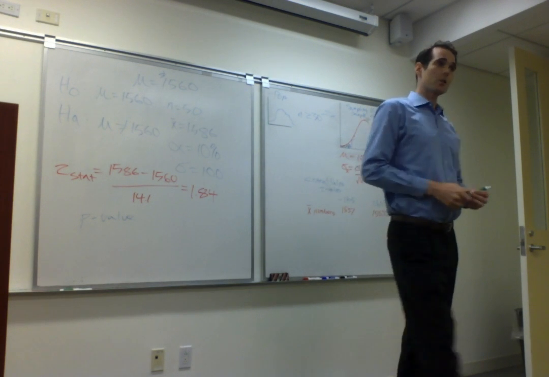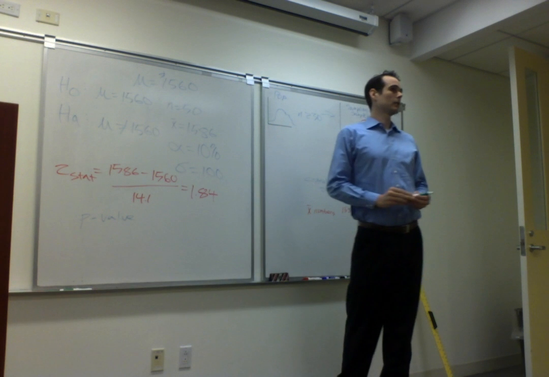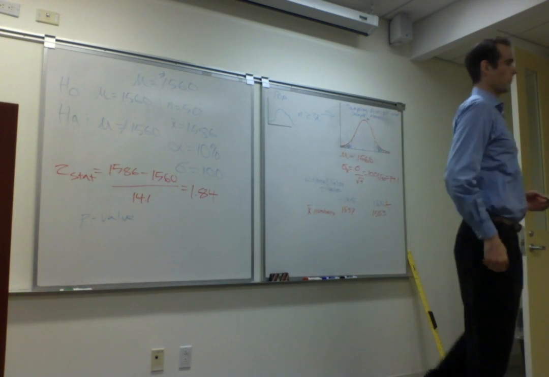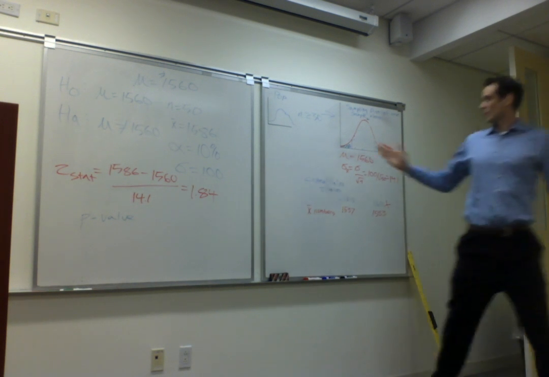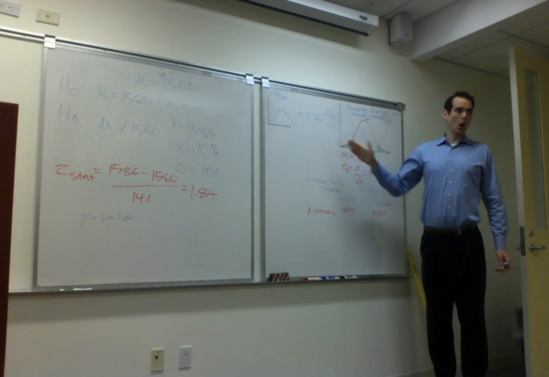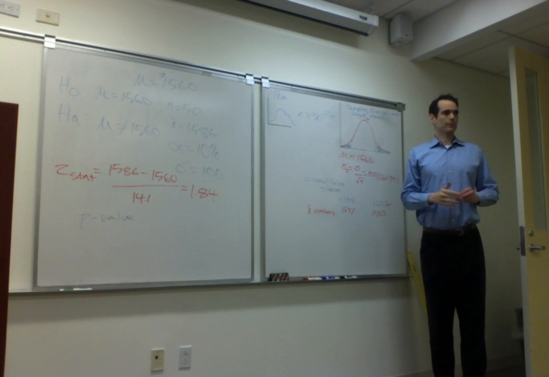How are we going to do that? We're going to look on the z-table for 1.84 and also for negative 1.84. So go ahead and crack open the z-table. The way I like to do this is to look at negative 1.84 first, and that tells you how much data is below a z-score of negative 1.84.